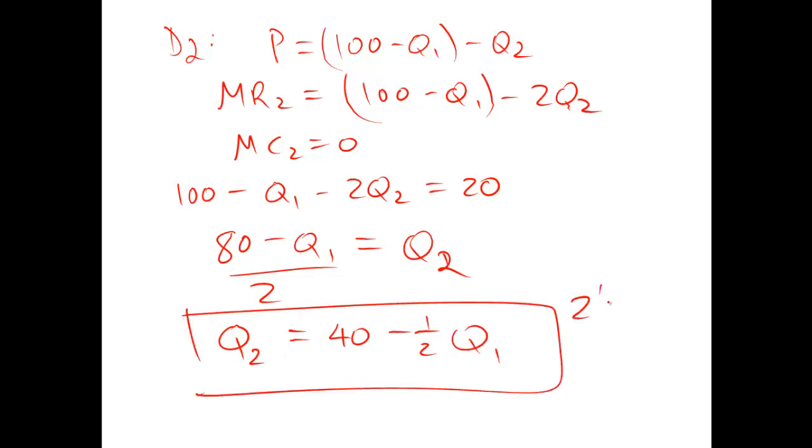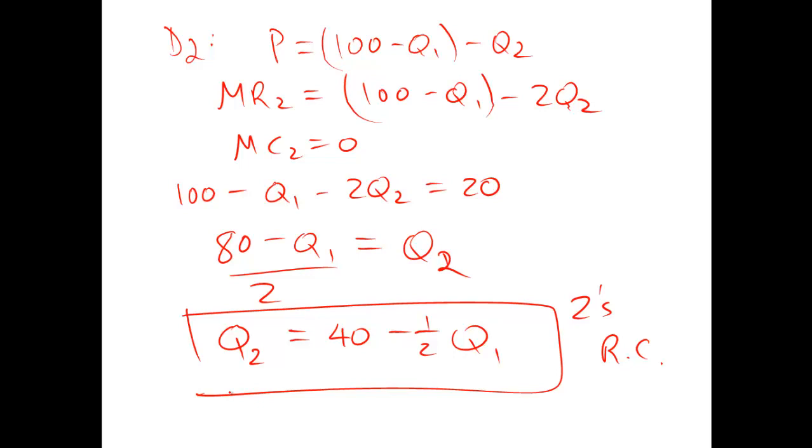Okay, so that's 2's reaction curve. And as I said, this would not be a symmetric problem, and indeed it's not. In the other reaction curve, it was Q1 equals 45 minus 1/2 Q2, whereas here it's Q2 equals 40 minus 1/2 times Q1.